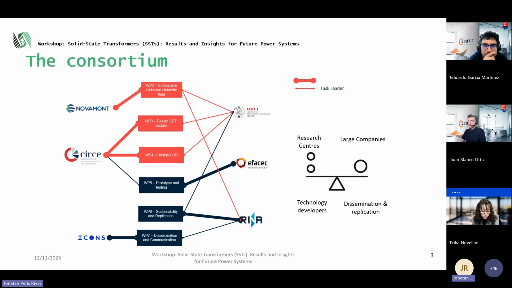Work Package 6, coordinated by RINA, conducts the sustainability and replication assessments. And finally, the last work package of this project, led by ICONS, manages communication, dissemination, and exploitation activities. This setup ensures a comprehensive approach from research and design to validation, sustainability, and market exploitation in order to fulfill the initial objectives of the project.